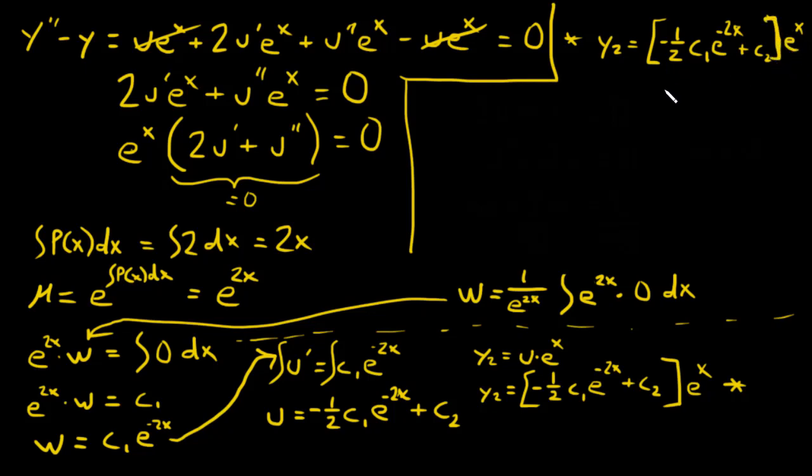Okay, so now I'm going to multiply that through. y2 is going to equal negative 1/2 C1 e to the negative 2x times e to the positive x, which is e to the just negative x, plus C2 e to the x.